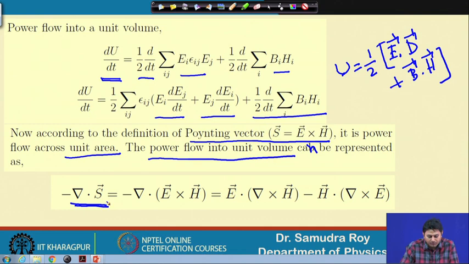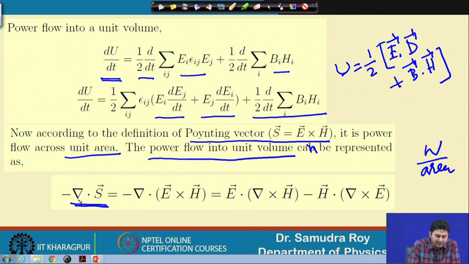So, into the volume, if I calculate the power flow, I need to do these things. Unit wise, S is the amount of power flow per unit area. So, it is watt divided by area.